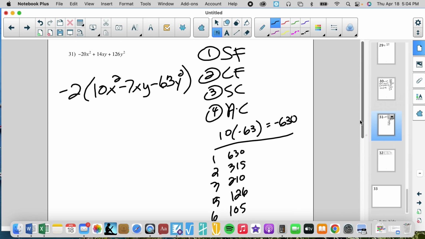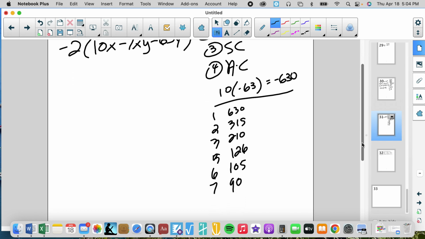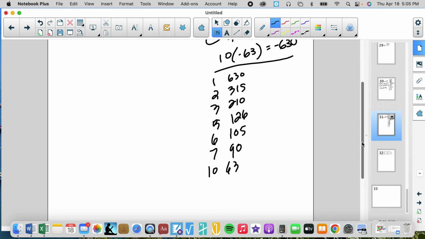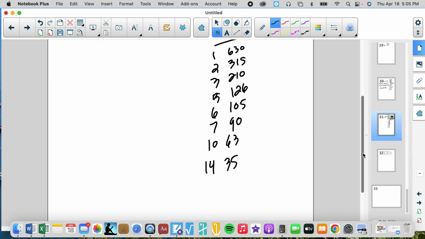That's equal 7, huh? Okay. Subtract, so we're going to get really close. Well, 10 and 63, and we got to get down there. We got to get to 14 and 45. No, that's not going to give me 7, so we got to keep going.